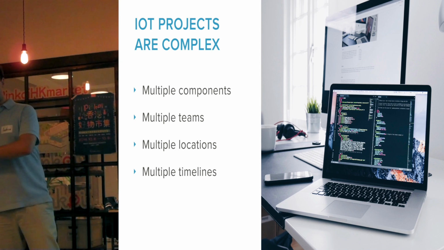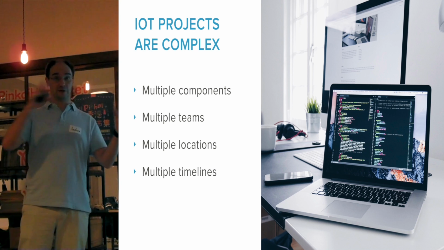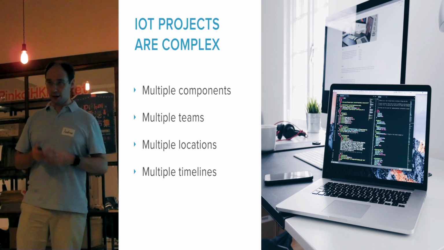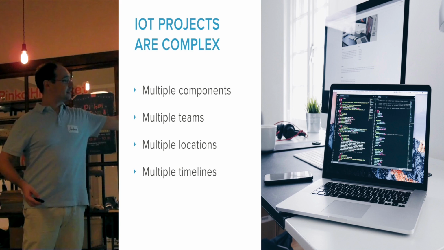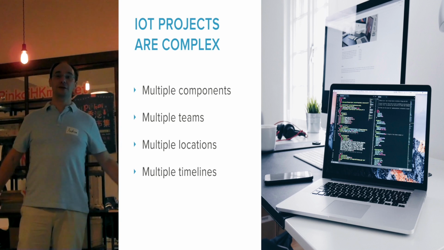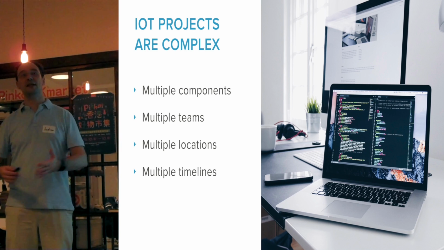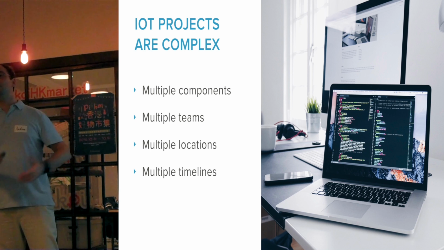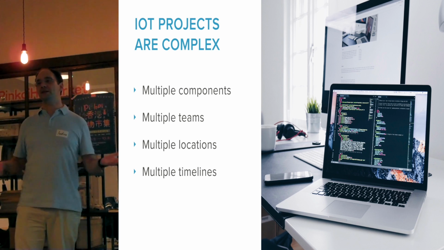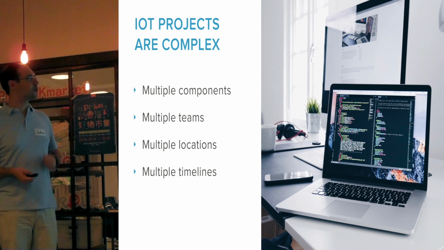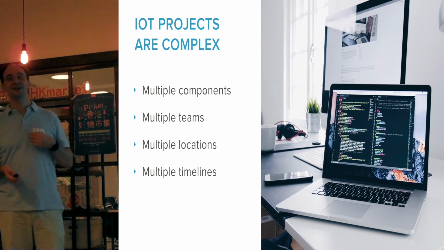Often the app comes at the end, but it has implications for how everything develops. Because we have this variety of components, we have a variety of timelines that don't start at the same time, don't end at the same time, and they need to coexist somehow. And this creates a huge complexity. This is the root of the complexity of IoT projects.